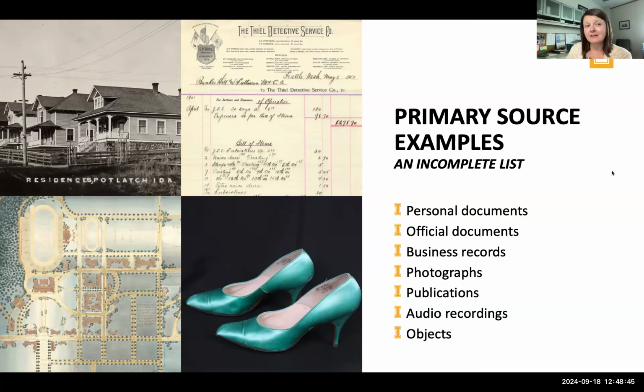We are a government documents repository at the university library, but maybe USDA publications from World War II tell you a lot about the idea of victory gardens and how Americans were really asked to grow their own food and be self-sufficient. So some of those official publications can be really insightful.